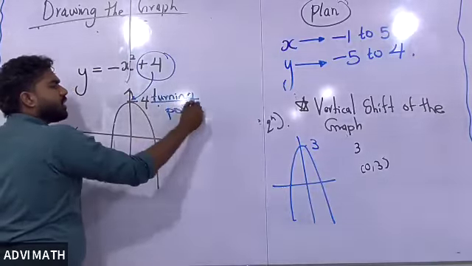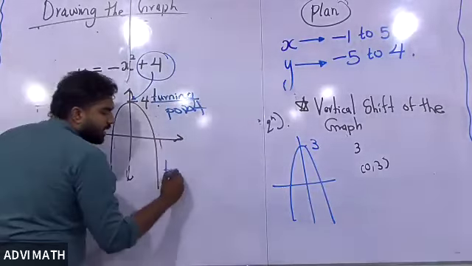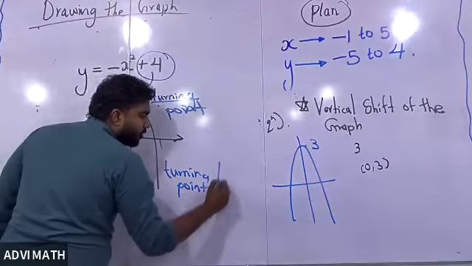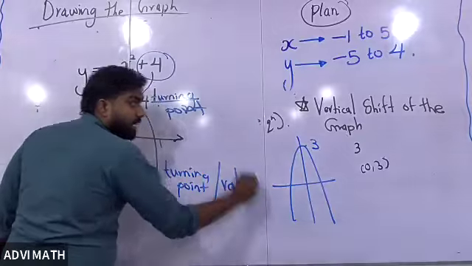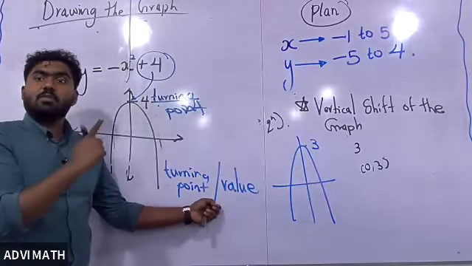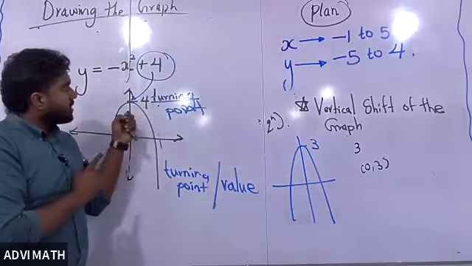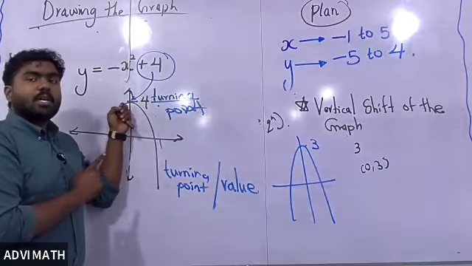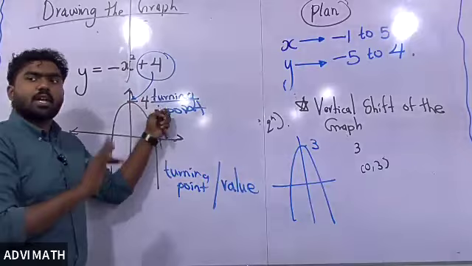I had not used the word before. Turning point is another name for the value of the point that I said. I said the coordinate of the minimum point, maximum point. This graph has a minimum point and maximum point. Turning point and maximum point of this graph is the same.